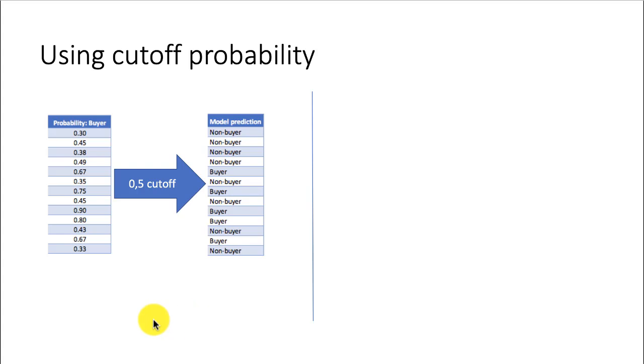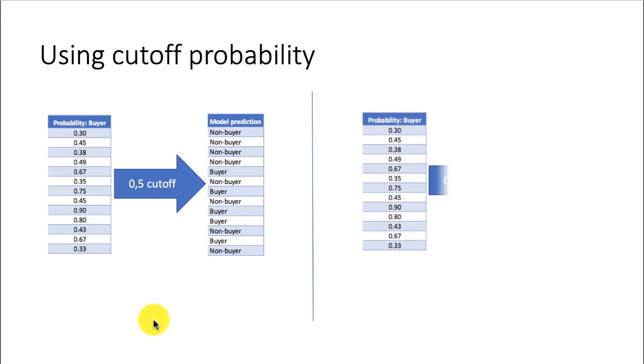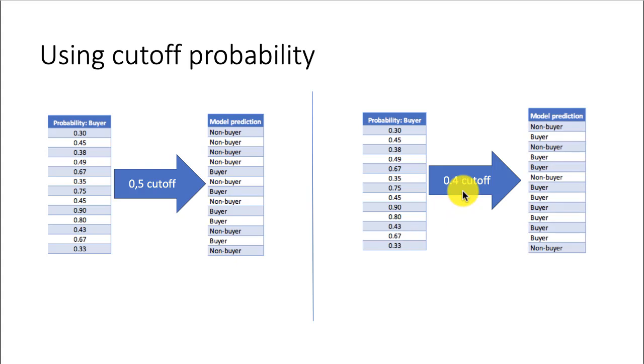Now what happens if we use a lower cutoff? Let's say we use a 0.4 cutoff, right? Just think logically, what's going to happen? If our cutoff for accepting somebody as a buyer is a lower probability, then obviously more of the cases are going to be classified as buyers. So for example, a case like 0.45, a probability of 0.45, was classified earlier as a non-buyer, but then the cutoff was 0.5.